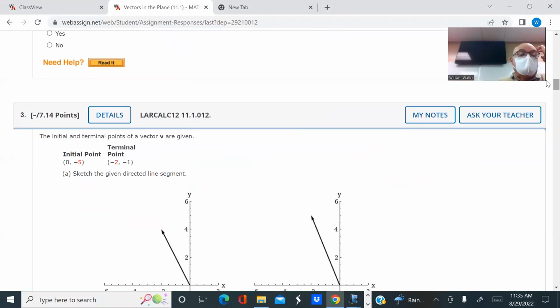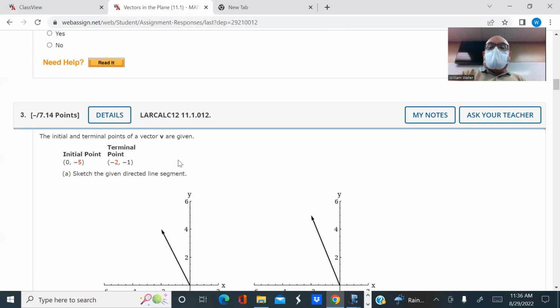So they're giving you initial and terminal points there, and all they want you to do is put that in component form, right? Remember, that's very easy. You're just going to take the difference in the x coordinates of these points and the difference in the y coordinates of these points, sort of like computing slope.